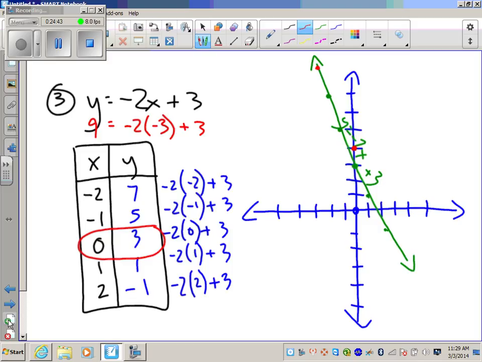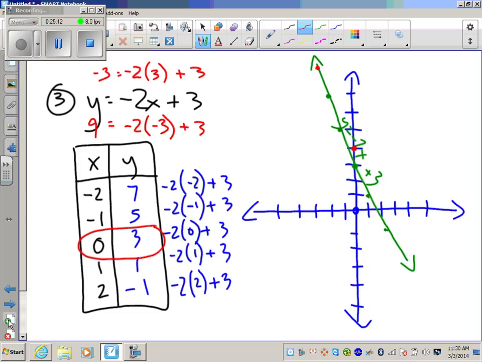Number 5, a 3, negative 5. Plug it in. Negative 6 plus 3 is what? Negative 3. Is that 3, negative 5? That's 3, negative 3. Does that work?